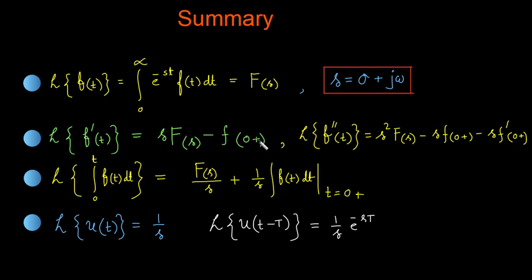Similarly, the Laplace transform of the double derivative of a time domain function, f''(t), if we know the Laplace transform of f(t) as F(s), will be s^2 F(s) minus s times f(0+) minus f'(0+).